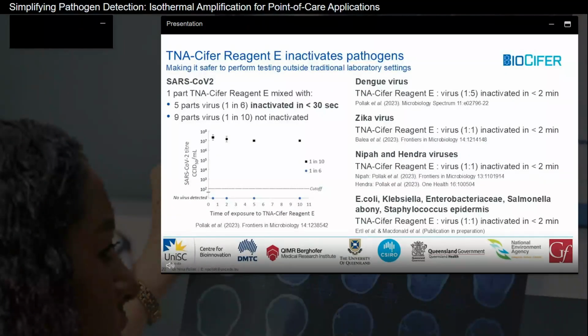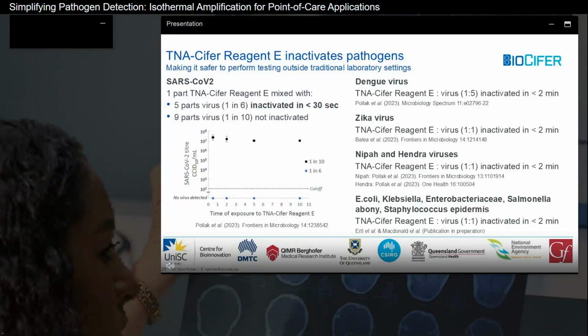Let's talk about one of the most critical features of DNA-cipher reagent E, its ability to inactivate pathogens. This makes it safer to conduct testing outside of traditional laboratory settings. For example, with SARS coronavirus 2, mixing just 1 part DNA-cipher reagent E with 5 parts virus inactivates the pathogen in less than 30 seconds, which you can see in this figure.